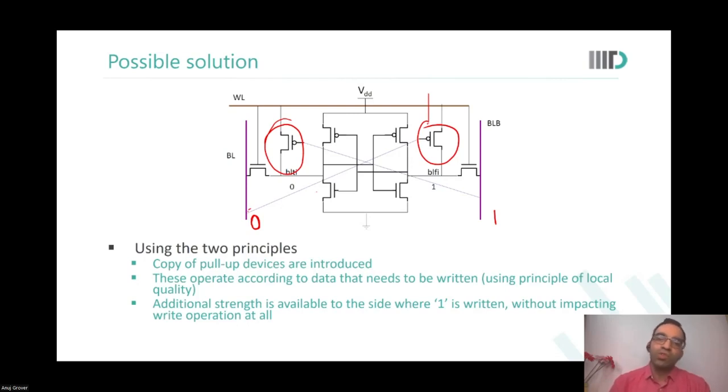So what happens when I want to write a 0 here, this PMOS turns on, that improves the strength on this side, whereas this PMOS continues to remain off. So only when you needed it, there was additional strength available, and you also used the principle of copying to arrive at this new memory cell, which was also patented.